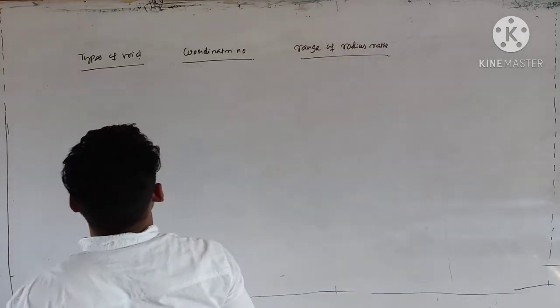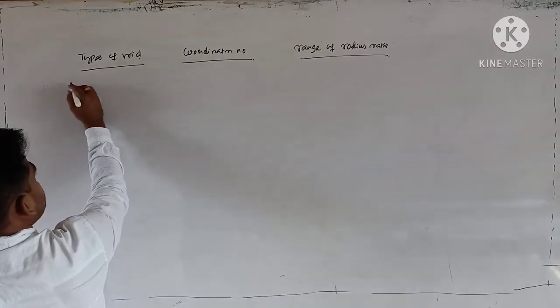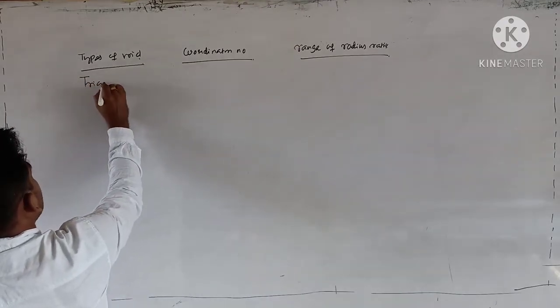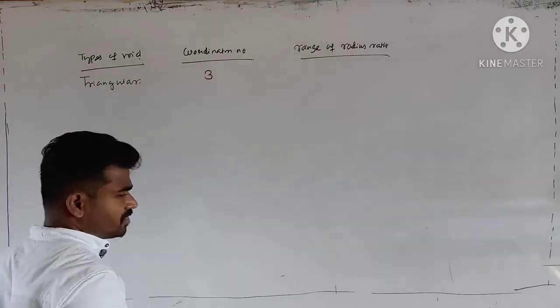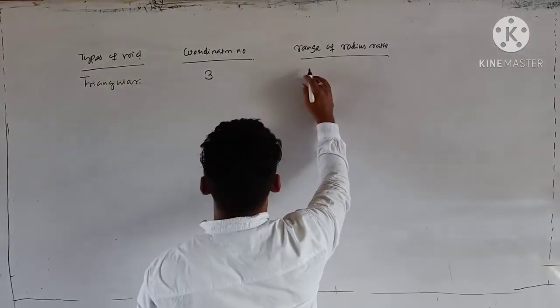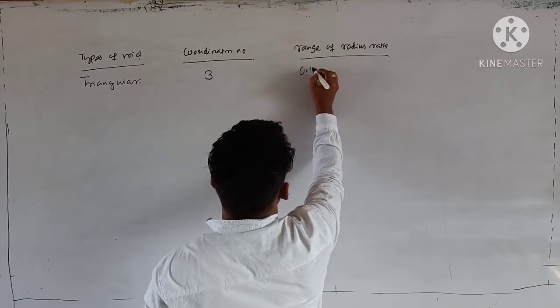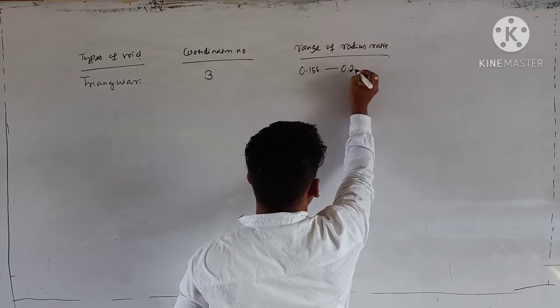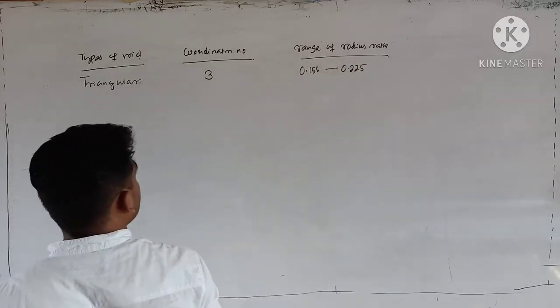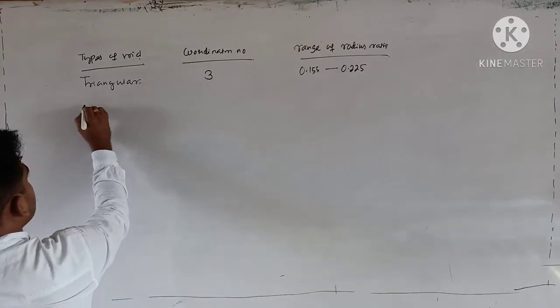Is that okay? So types of void, first one is triangular. For a triangular void, the coordination number is 3, meaning 3 spheres are there, and the radius ratio is 0.155 to 0.225. Is that clear?